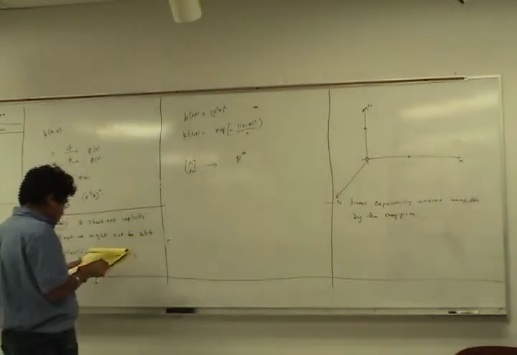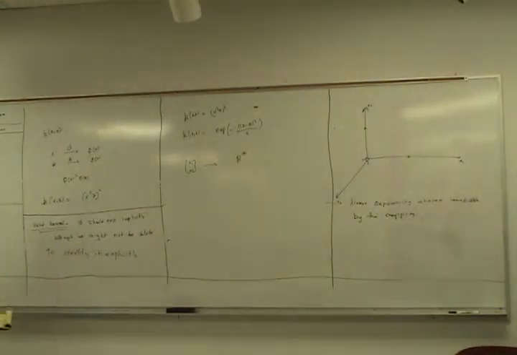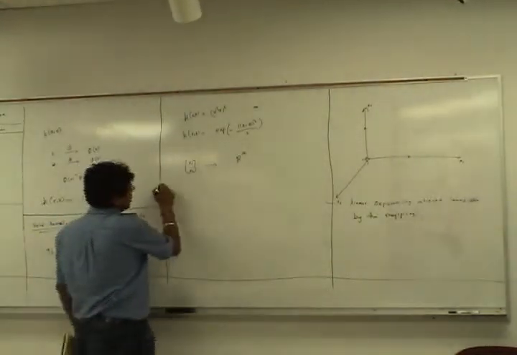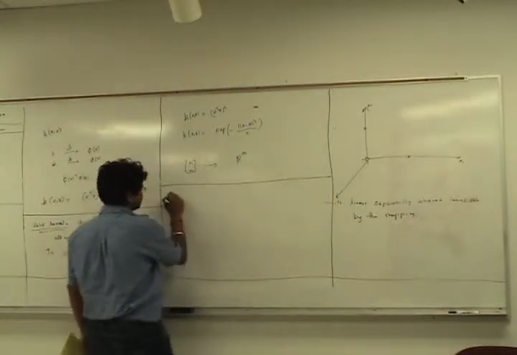And then, so now to identify what is a valid kernel, there is something called Mercer's theorem.